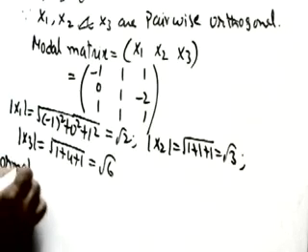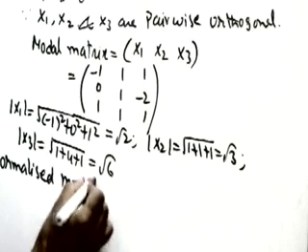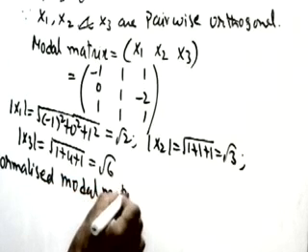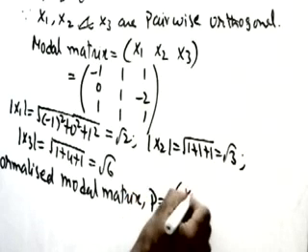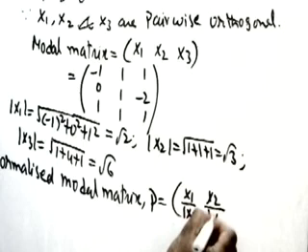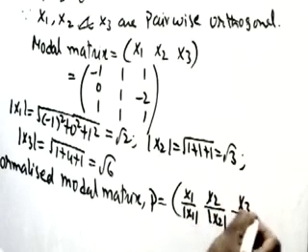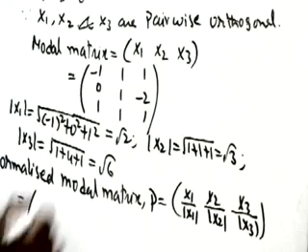So let me write the normalized model matrix. The normalized model matrix is P equals x1 by mod of x1, x2 by mod of x2, x3 by mod of x3.